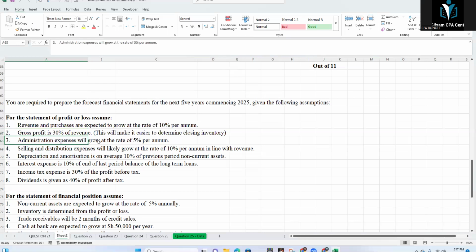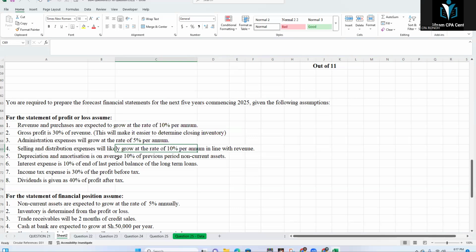Administration expenses will grow at the rate of 5% per annum. Selling and distribution expenses are likely to grow at the rate of 10% per annum in line with revenue. So, as the revenue grows by 10%, this one also grows by 10%.